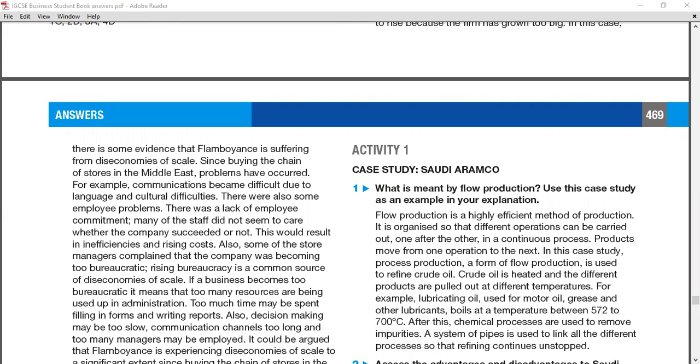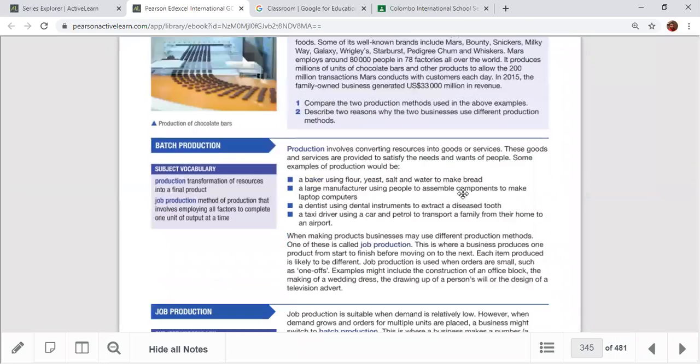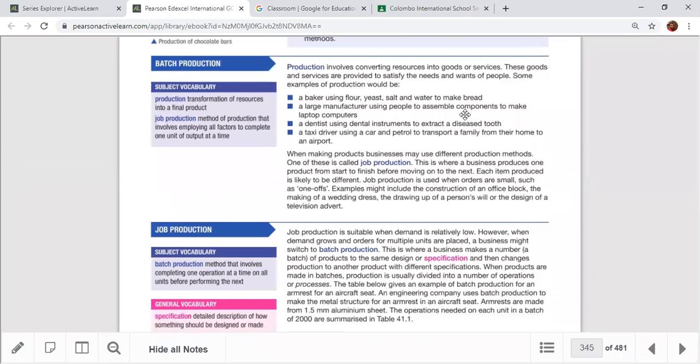Okay, if we go back to the other methods of production, starting with batch production. Production involves converting resources into goods or services. That's the production definition: transformation of resources into a final product. Input, processing, output. And these goods and services are provided to satisfy the needs and wants of people.